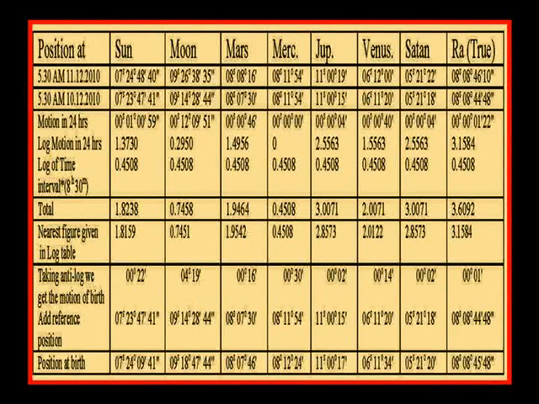So on we calculate Mars, Mercury, Jupiter, Venus, Saturn and Rahu. We take true Rahu in the ephemeris, and Ketu is placed 180 degrees apart in the opposite sign. This becomes your natal chart.